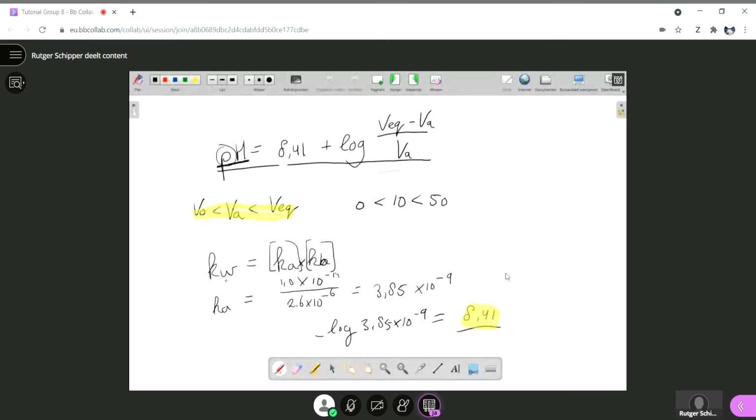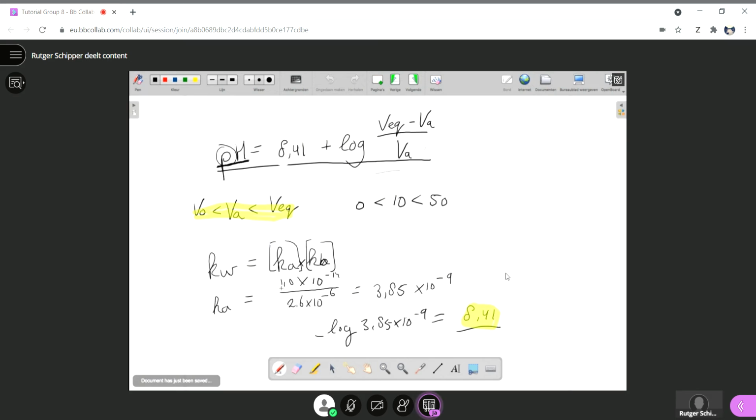We know the water constant is the product of the acid constant multiplied by the base constant. We have the base constant, which is given in the question. It's 2.6 times 10 to the power of minus 6. We already used it to calculate the first point of titration.